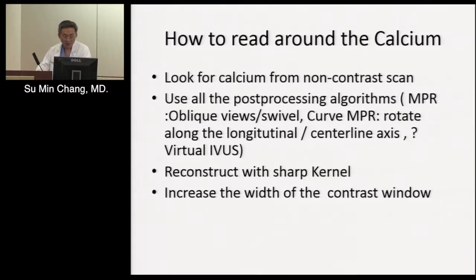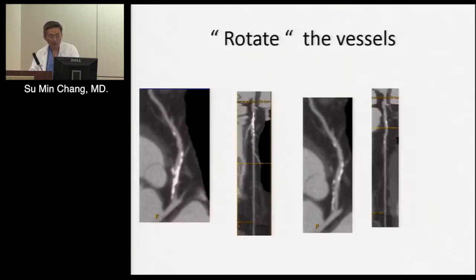Okay, and you have a lot of post-processing algorithm techniques. I'm not going to elaborate here, but we go through this when you do the reading. You reconstruct with a sharp kernel, increase the width of the contrast window, any tricks that you have at your disposal to try to get rid of that calcium.